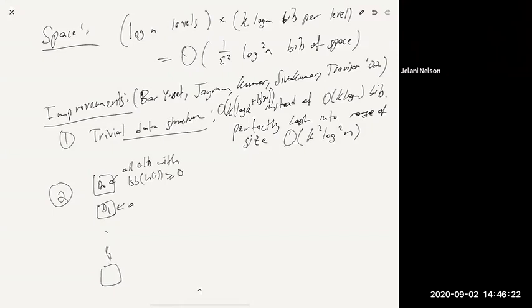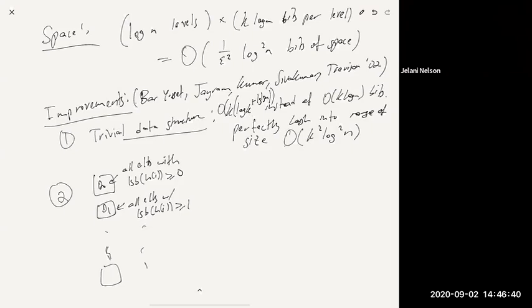And D1 will get all elements with the least significant bit of H of I being at least 1 instead of equal to 1, etc. Which means the set of elements that go into D1 is a subset of D0. The subset of elements that go into D2 is a subset of D1.